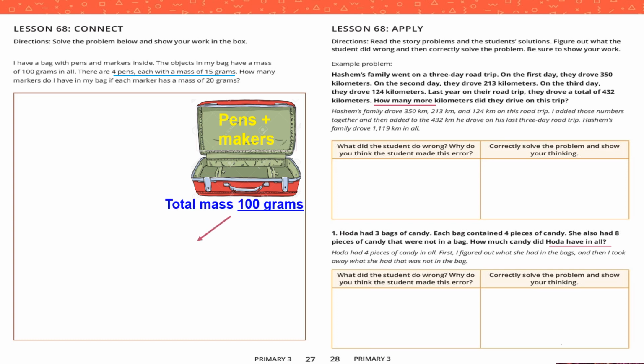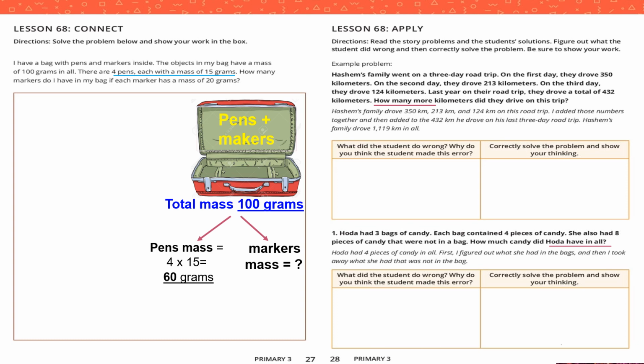This total mass has pens here and markers here. The pens' mass, we have 4 pens. Each pen has a mass of 15 grams. So 4 pens times 15 grams equals 60 grams.